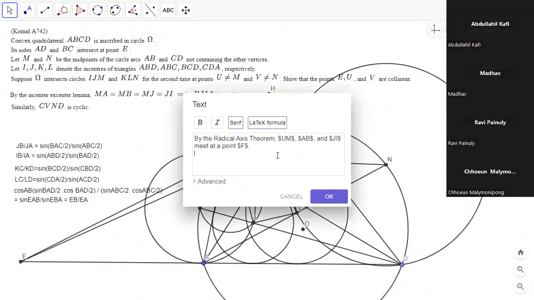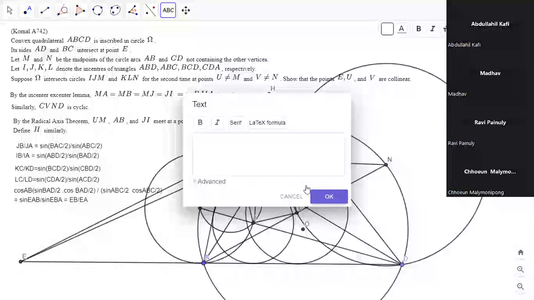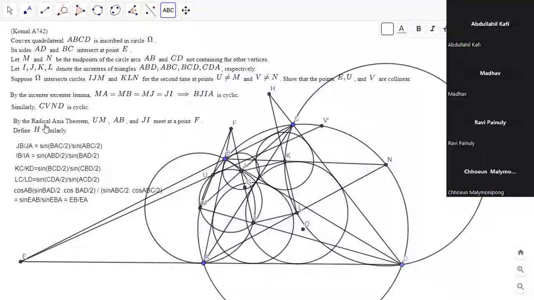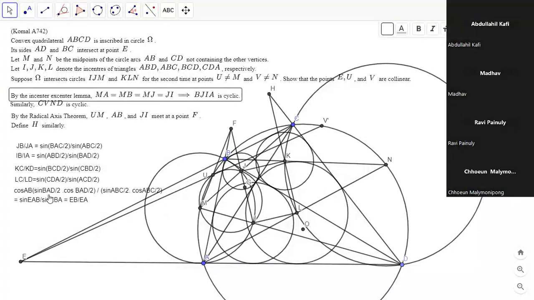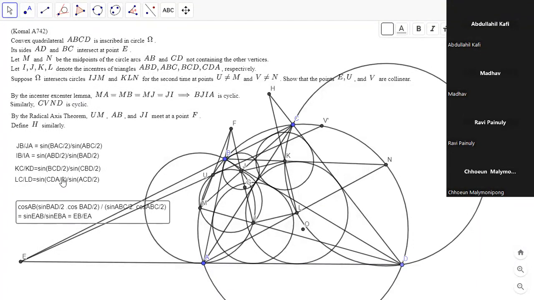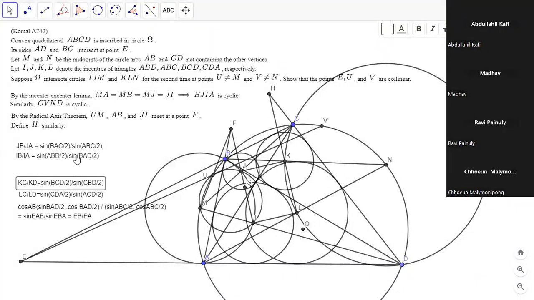We'll say define H similarly. And then we can do the calculation that Mai wrote, where, so point G we had to add. Let me move this down. It's a big diagram.